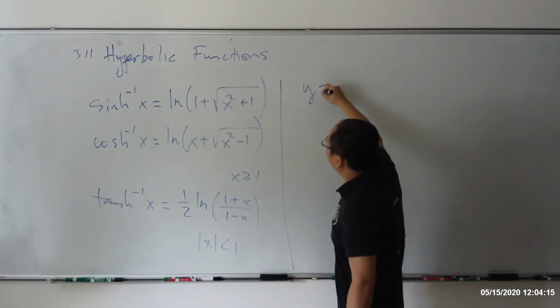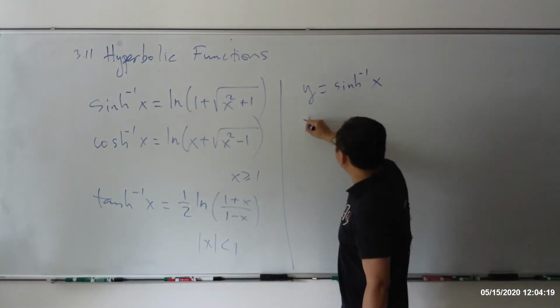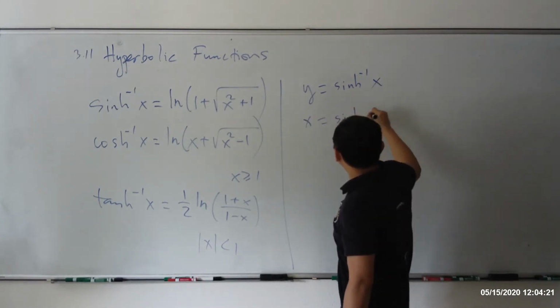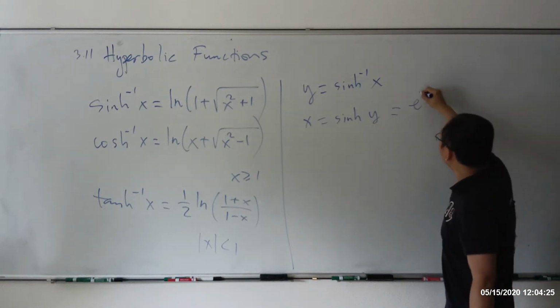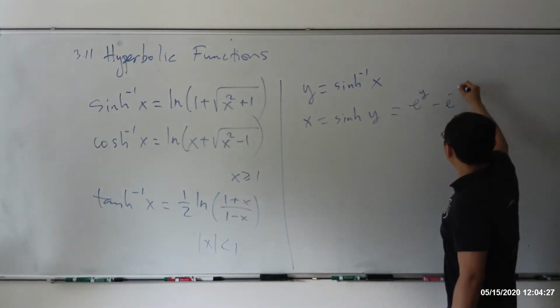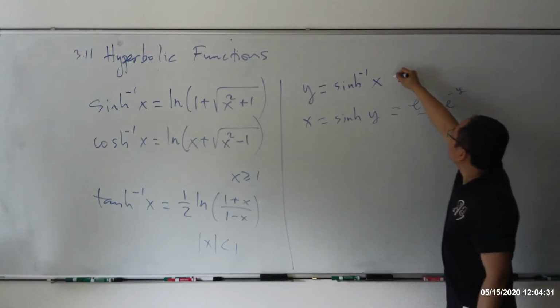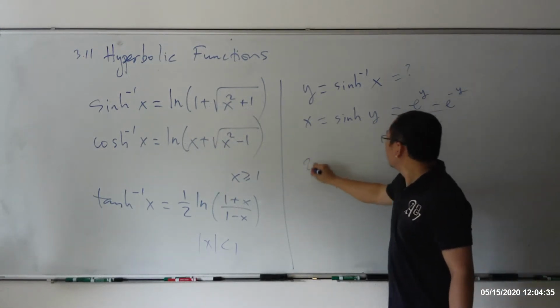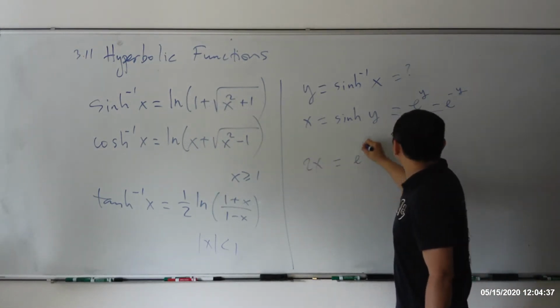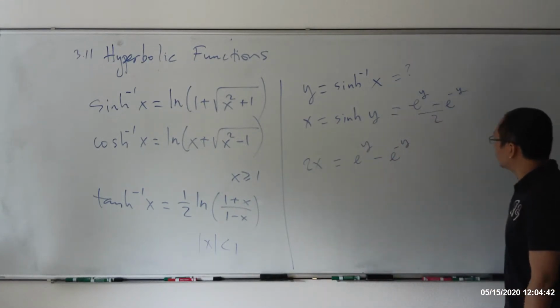That's y equal to hyperbolic sine inverse of x, and that means x equals hyperbolic sine of y. By definition, that is e to the y minus e to the negative y, over 2. We try to solve for y. So 2x equals e to the y minus e to the negative y, simply multiplying both sides by 2.